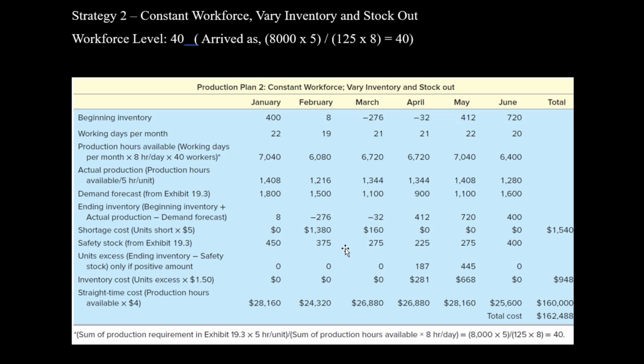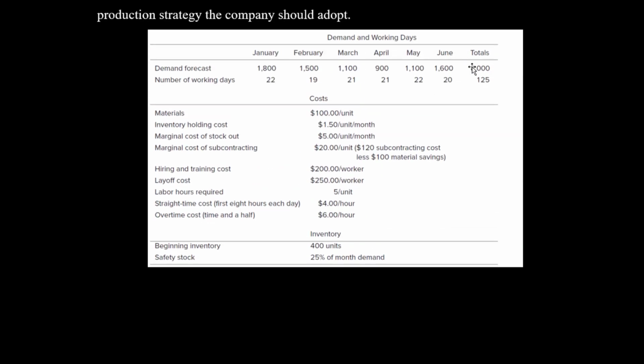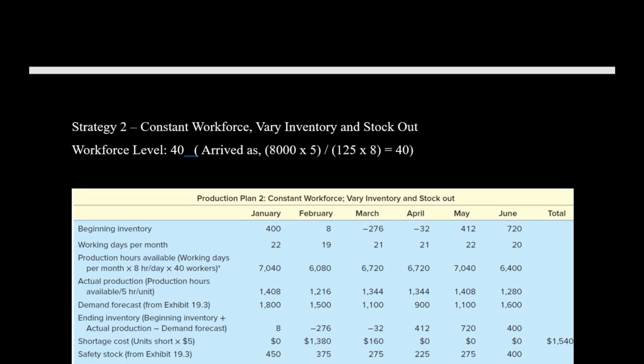So the workforce level arrived at is 40. How have they arrived at it? They have taken the total demand forecasted for this entire period, which is 8,000, and the total number of working days available, which is 125. This 8,000 requires 5 hours per unit, so the total hours required is this much, and every day we have 8 hours available.